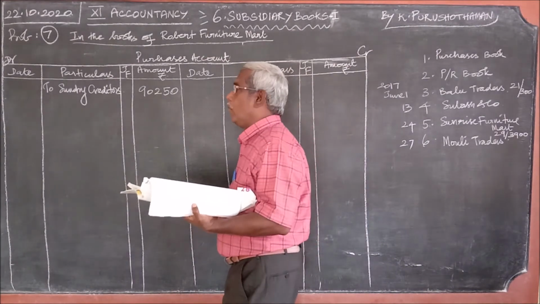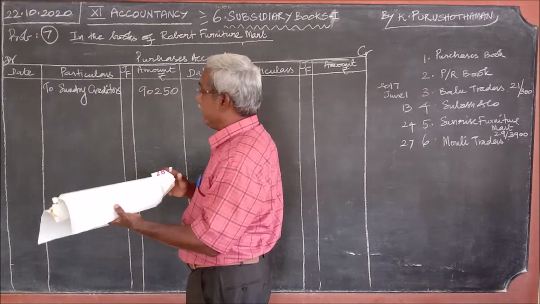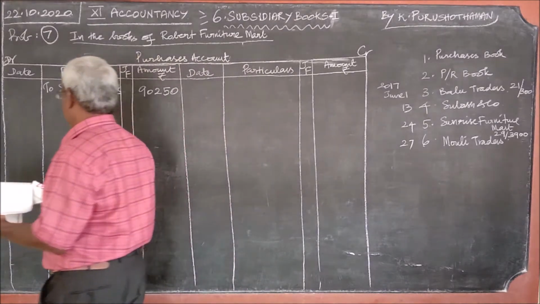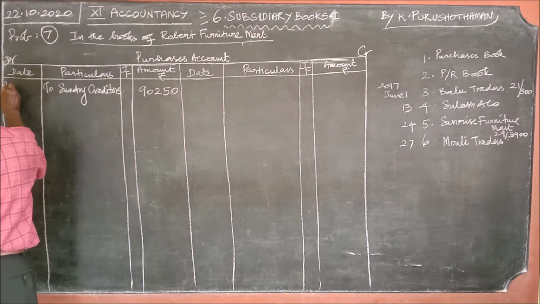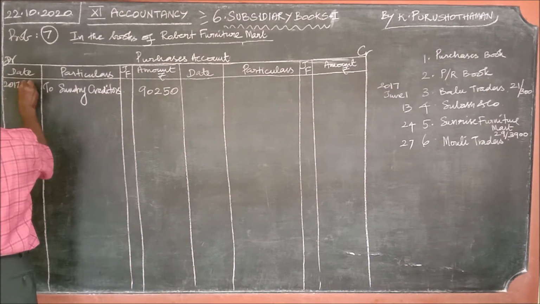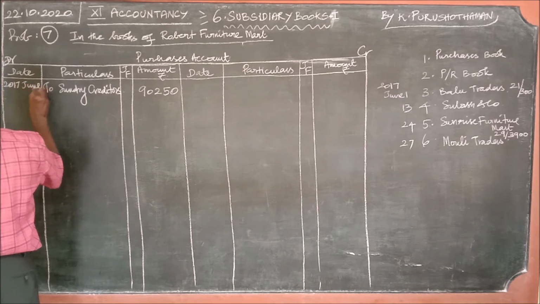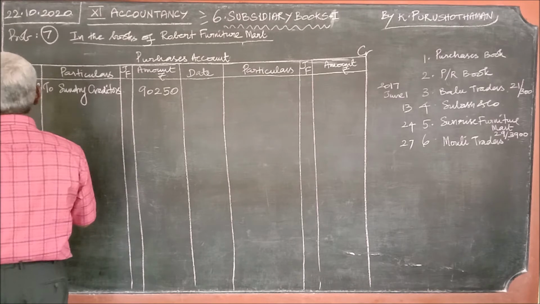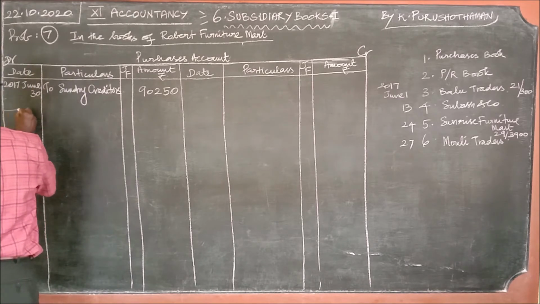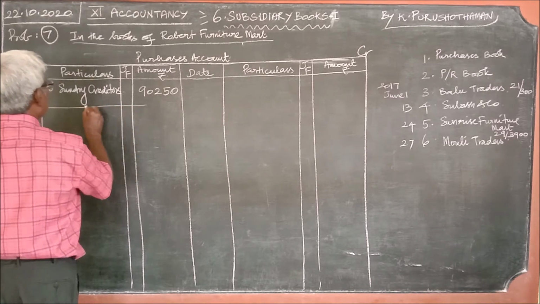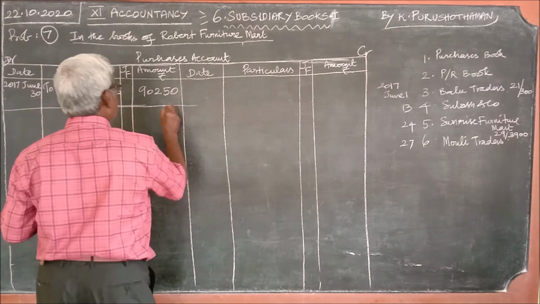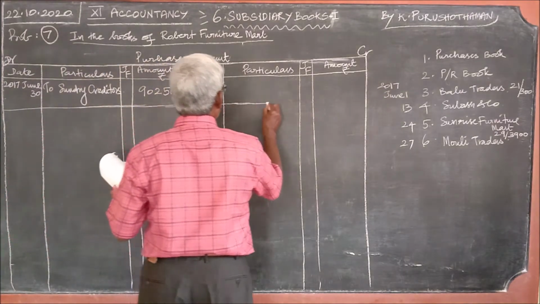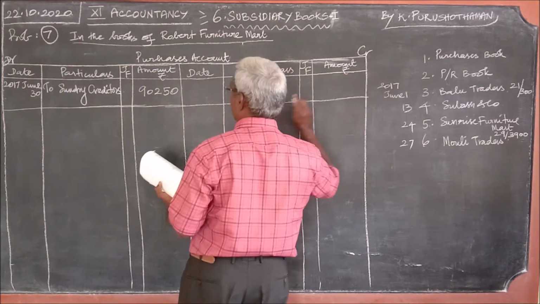It is followed there, the last date of the month, 2017, June 30th. With this, the ledger is over. No question of balancing, etc.